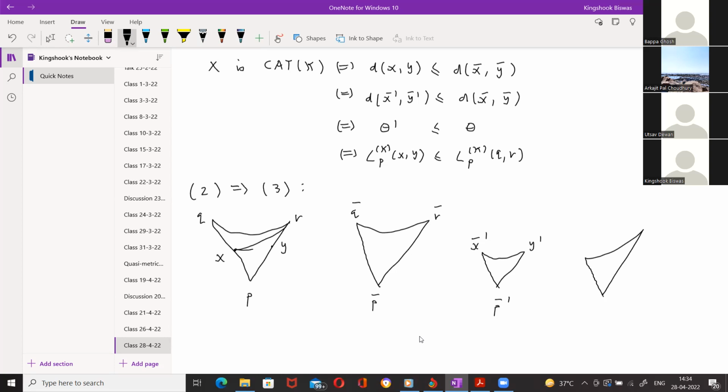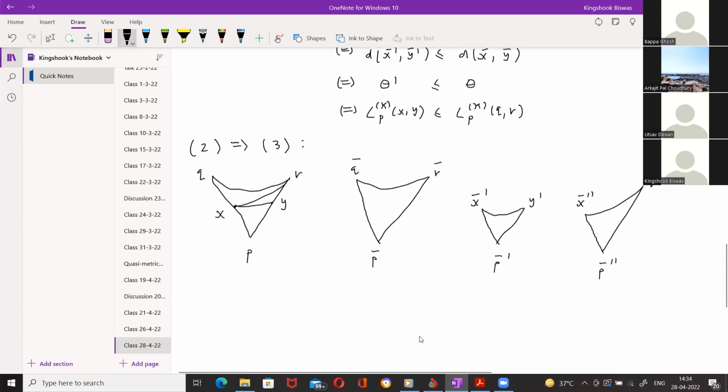Let me call this P bar double prime, X bar double prime, and R bar double prime. Is this okay? Yes. This should be Y bar prime. All right.